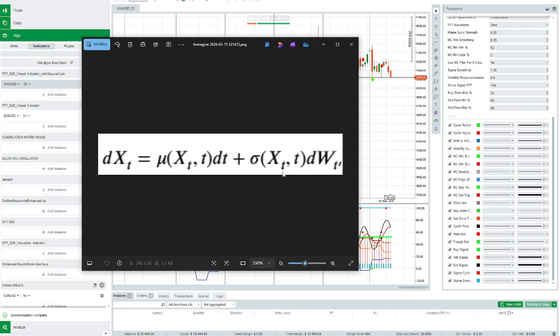Okay, so the concept is this: you take this Ornstein-Uhlenbeck stochastic differential equation. You have your mu, your average price with respect to the time derivative. You have your sigma, which is the volatility with respect to the time derivative, and you have the standard Wiener process.